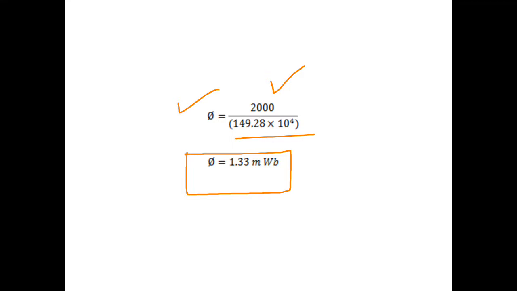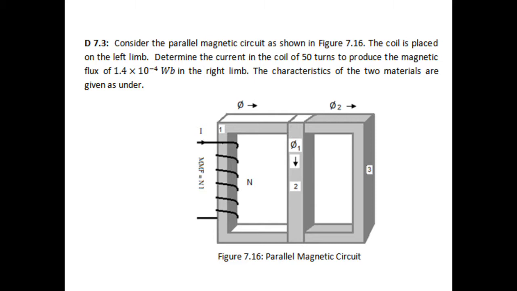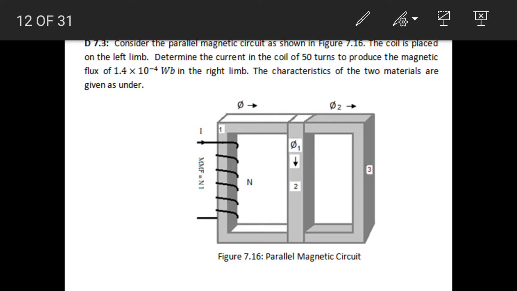Let us consider a parallel magnetic circuit. Example number 7.3 gives you a parallel magnetic circuit. Consider this parallel magnetic circuit, which is given in figure number 7.16.